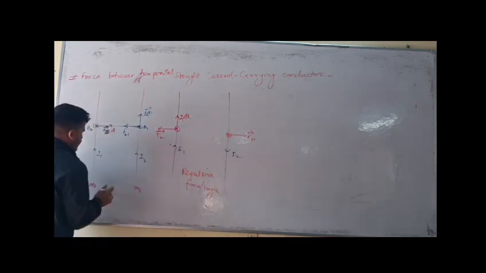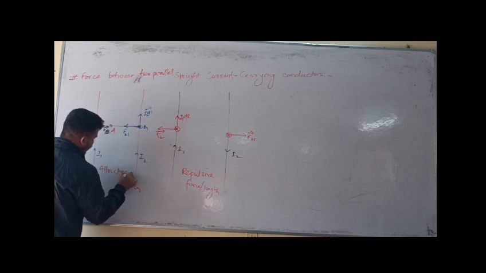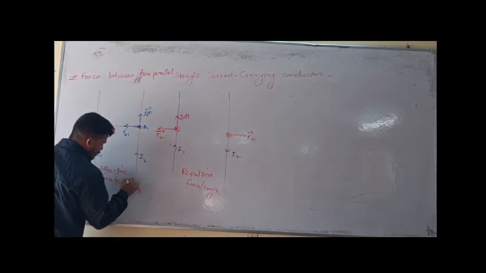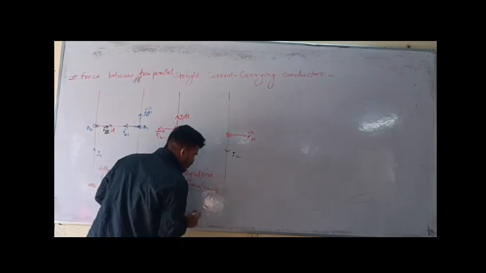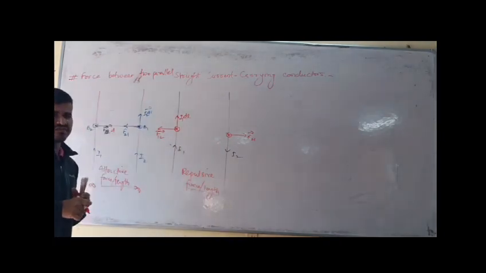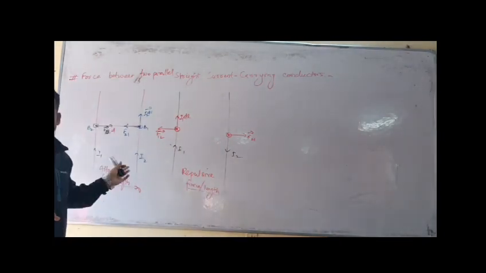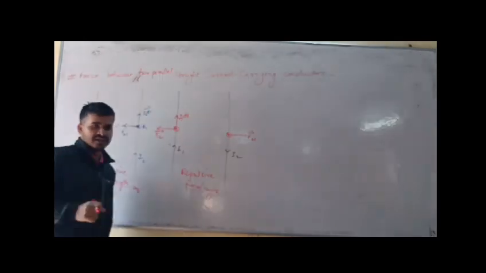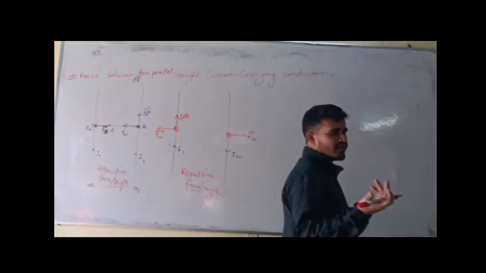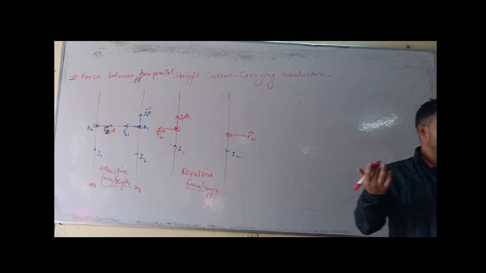Here it is an attractive force per unit length. Why am I writing per unit length? Otherwise they will have different values. F12 and F21 are different here, but per unit length they are the same.